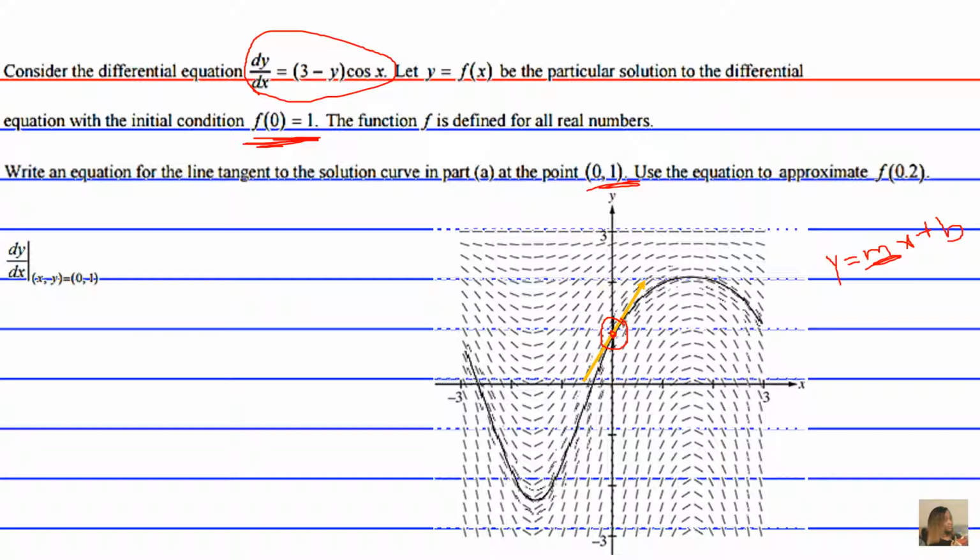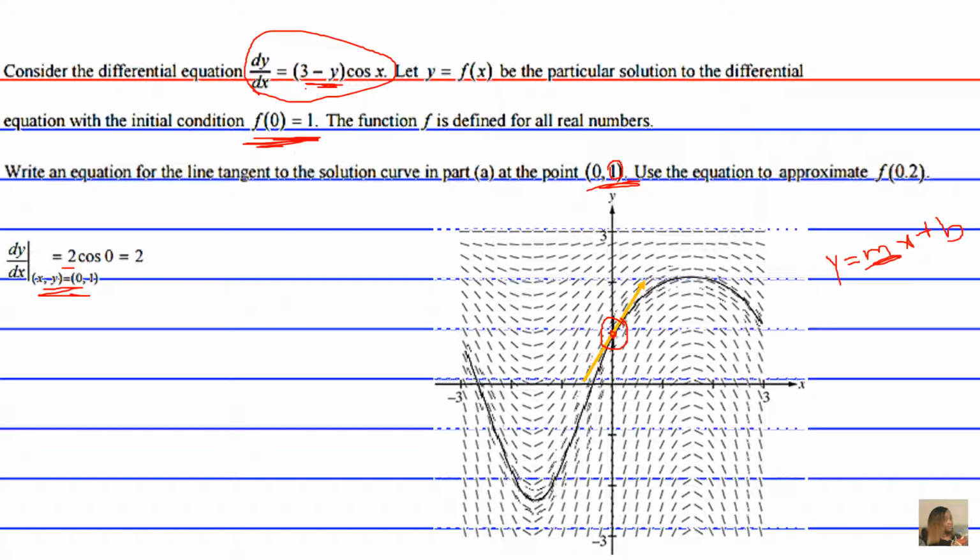So dy/dx analyzed at x equals 0 and y equals 1 is going to yield 2 times the cosine of 0. The 2 comes from the fact that when you subtract 1 from 3, because here our y is equivalent to 1, you get 2.